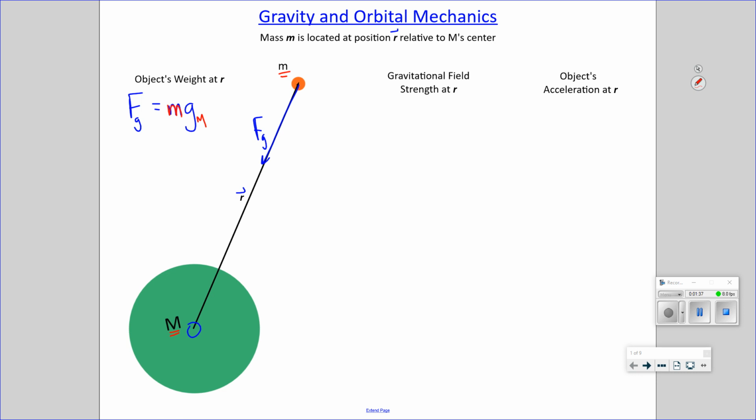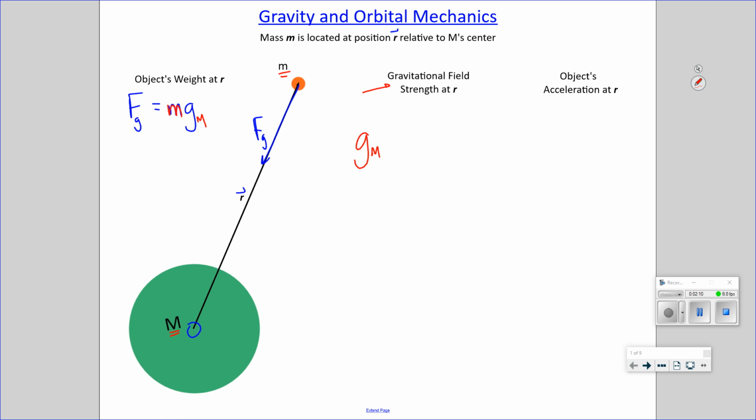So, okay, that's kind of it. Well, how big is that field? How big is capital M's field? How strong is capital M's field at a distance r from its center? Well, it's kind of a chicken and egg thing, but what we can say is that there is a gravitational field made by M. The gravitational nature of mass is that what masses do is create gravitational field in the space around them.